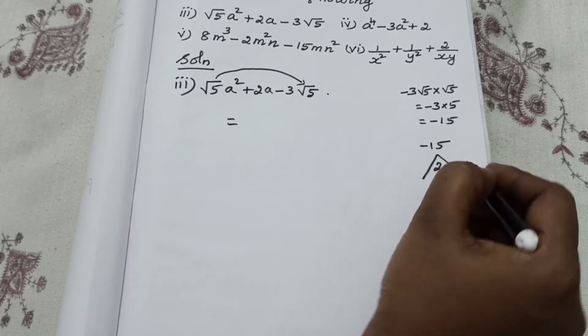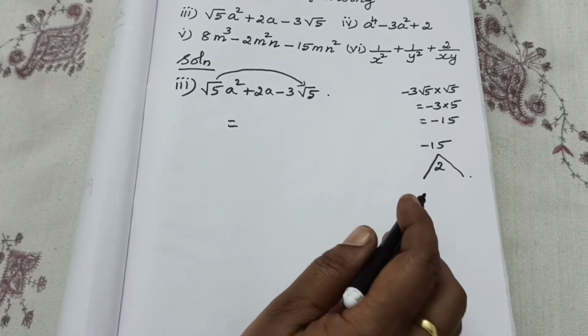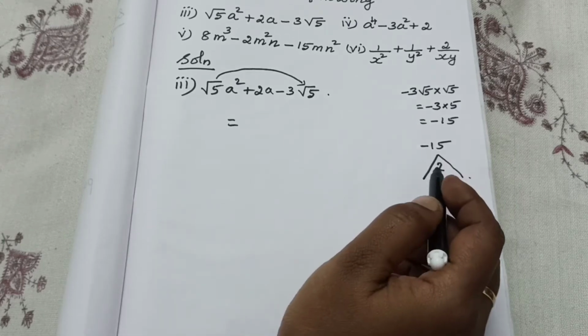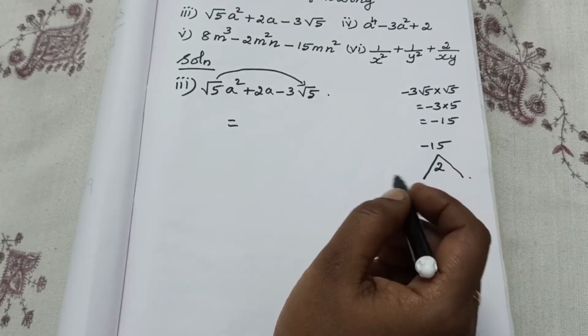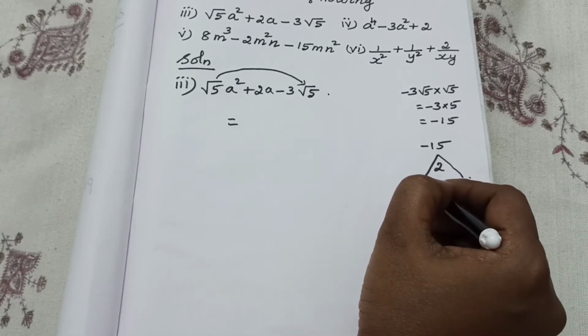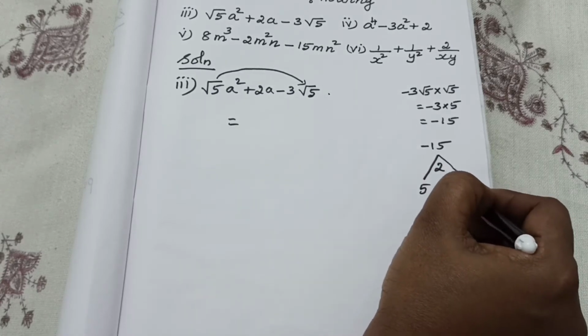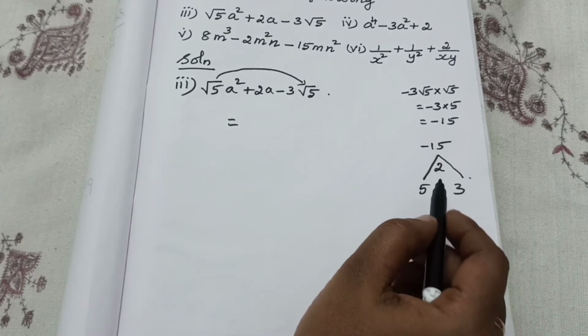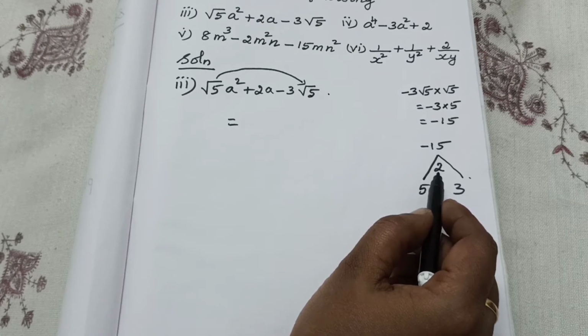Product is minus 15. 5 threes are what? 15, isn't it? Minus we won't get. 5 threes are 15 we will get, but we need minus here. But here the sum is positive, isn't it?